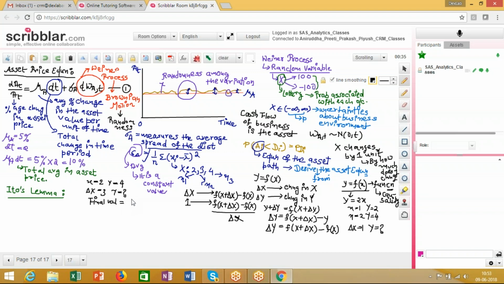The final value of y is f of x plus delta x. So what was the initial value of x over here? It was 2, right? And then delta x was 3. So after the change, what I need to compute is f of 5.